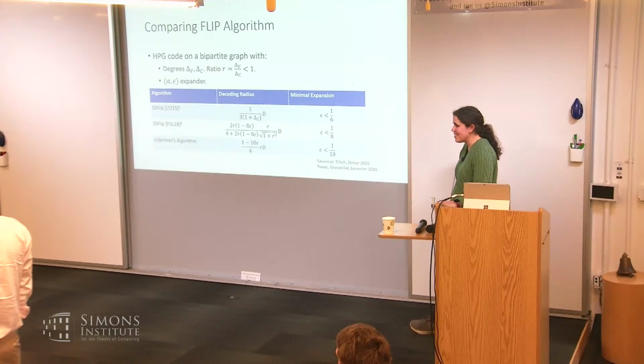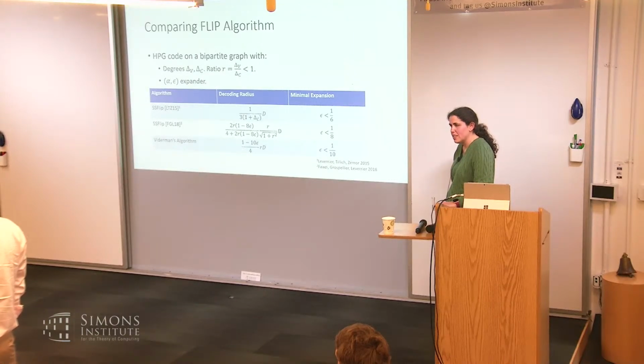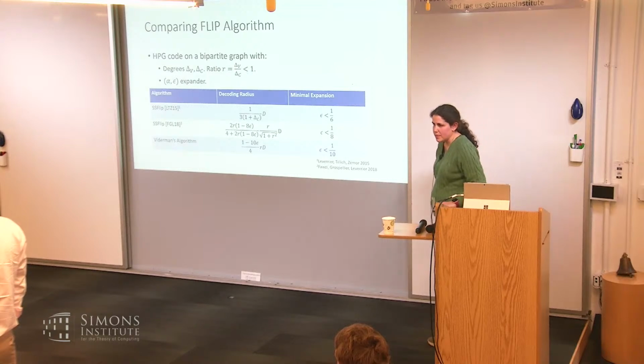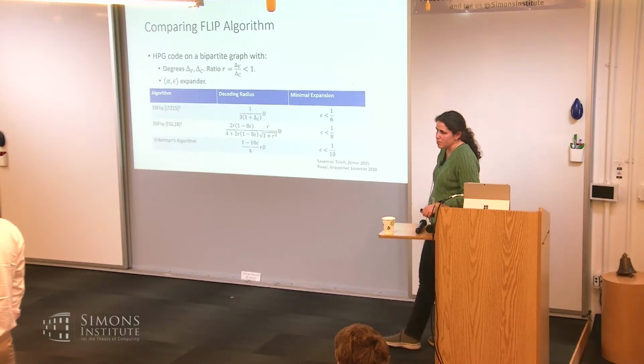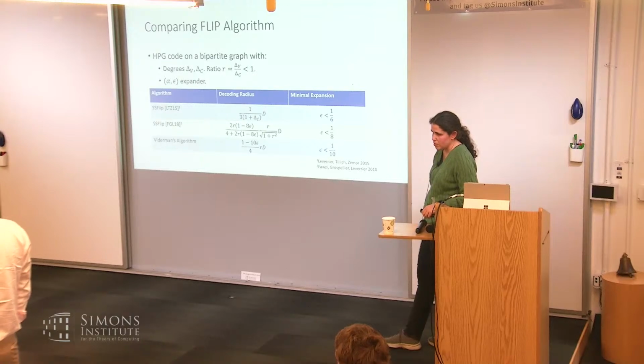I mean, I don't know. In terms of being able to think about random errors? Well, in terms of being analyzed, constructing the algorithm for specific codes. I see. Right. Because if I understand correctly, you only know how to make it work with hypergraph product codes, but not for generic codes.